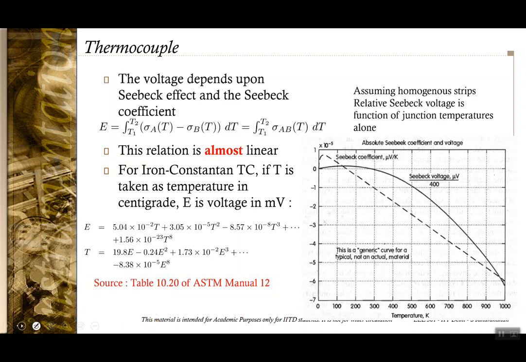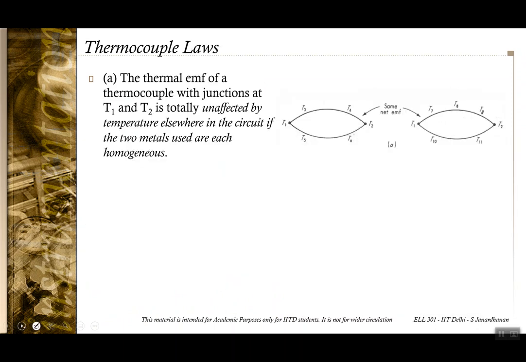Let's proceed further and look at a few thermocouple laws of how the EMF and temperature are related. The first law is that the thermal EMF of a thermocouple with junctions at T1 and T2 is totally unaffected by the temperature elsewhere in the two materials, assuming the two metals are homogeneous.